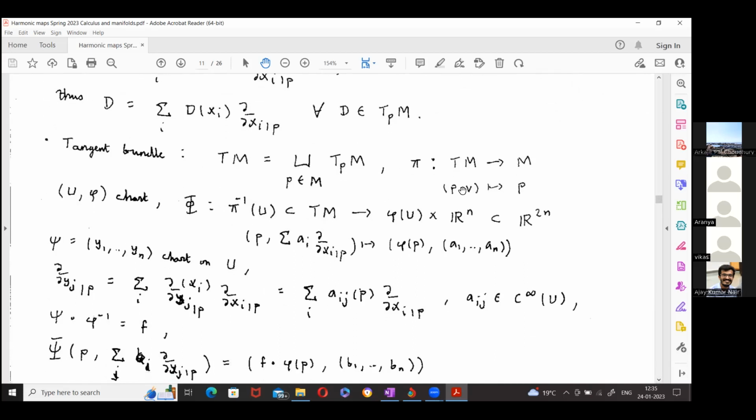It will be convenient to write elements of the tangent bundle as pairs (P, V), where P is a point of M and V is an element of TPM.